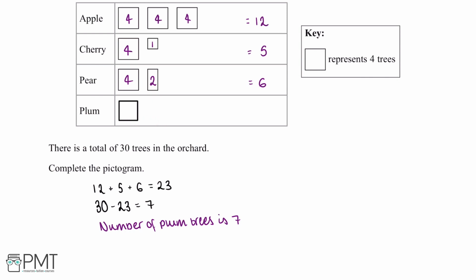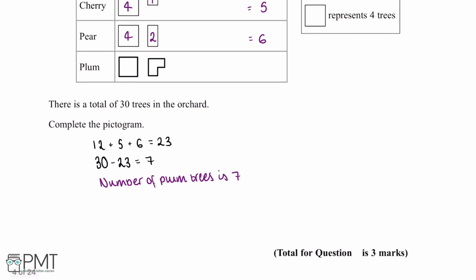And if a larger square represents 4 trees, and we need to represent 3, then we can use a shape which is 3/4 of the size of this larger square. So we can draw in a shape which looks like this. And this now represents 7 plum trees.